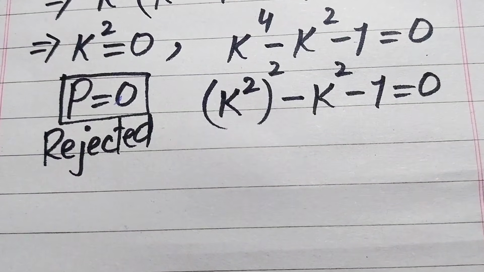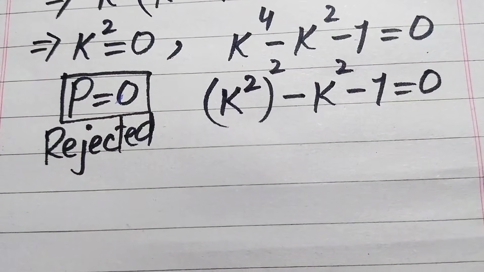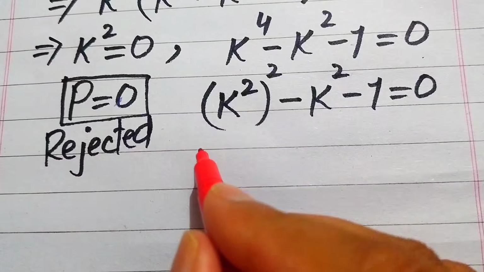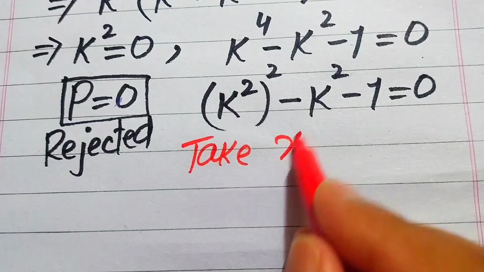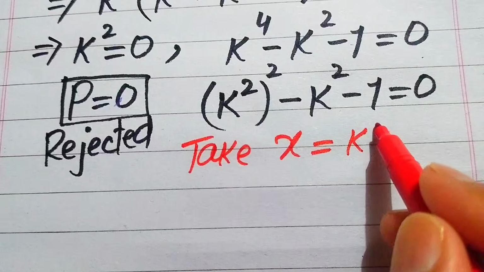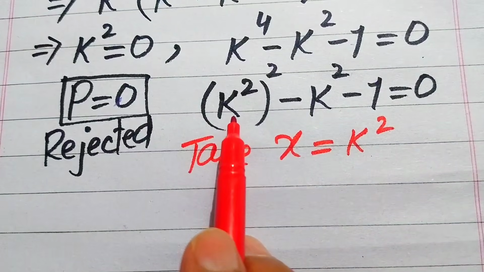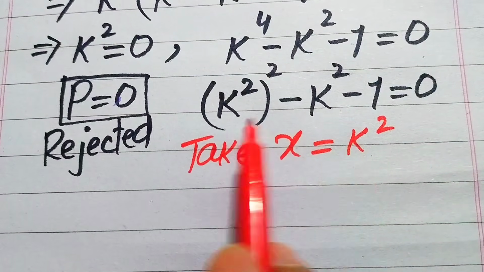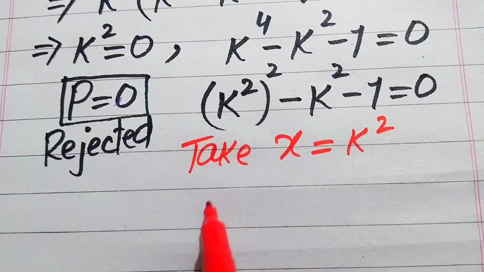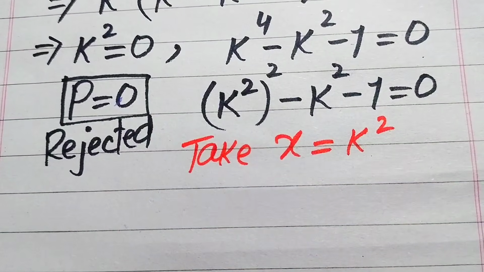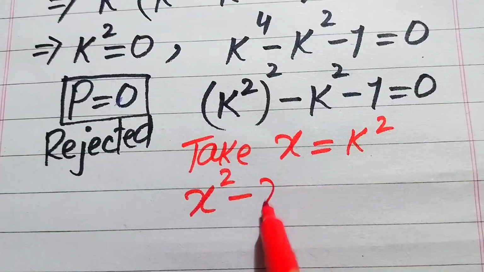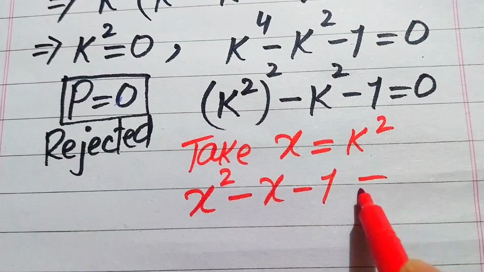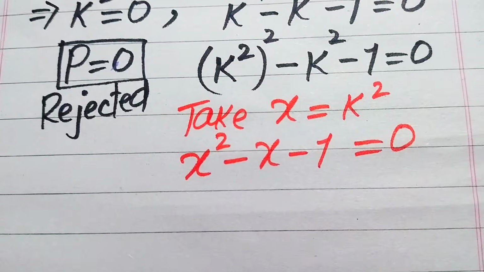Now we need to write this equation in the lowest form, and for this we need to take a little bit of substitution. We take x is equal to k square. When we put k square equals x, our above fourth order equation becomes a quadratic form, and this is written as x square minus x minus 1 is equal to 0.